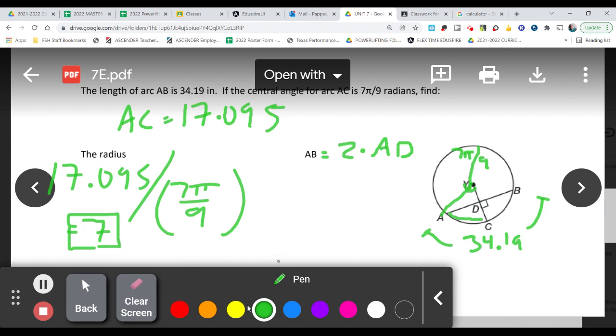Because this is sort of our rule. So again, for AD, we know that with a radius being 7, AD is the opposite leg. 7 is the hypotenuse. So we know AD is going to be 7 sine of 7 pi over 9.